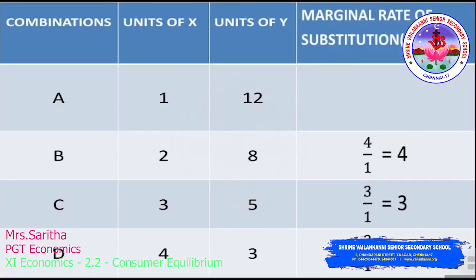This is the schedule, combinations A, B, C and D, units of X and units of Y. As seen in the schedule, the consumer is indifferent between the combinations. In combination A, units of X is 1 and units of Y is 12, which gives the same utility as combination B, 2X and 8Y, and so on. When these combinations are represented graphically and joined together, we get curve IC1.